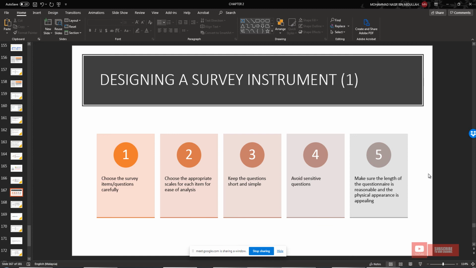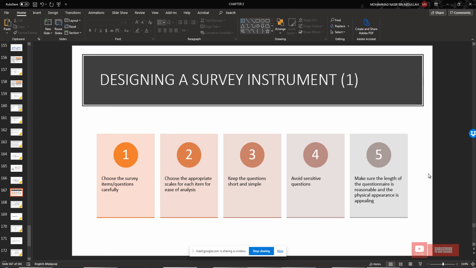So you need to read again about designing or creating a good questionnaire, right? Avoid sensitive questions, of course, right? Make sure the length of the question is reasonable and the physical appearance is appealing. So that means you need to make sure it is not boring to answer, right?